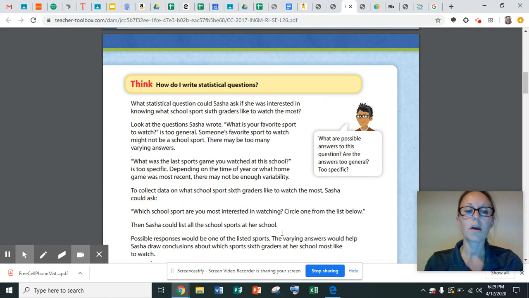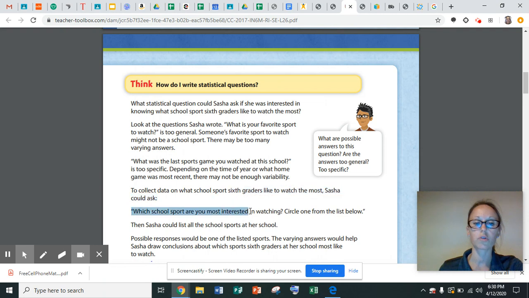So to collect data on what school sports sixth graders like to watch the most, Sasha would need to ask something like this: Which school sport are you most interested in watching? Circle one from the list below, and then Sasha would list all of the sports that are available at her school.